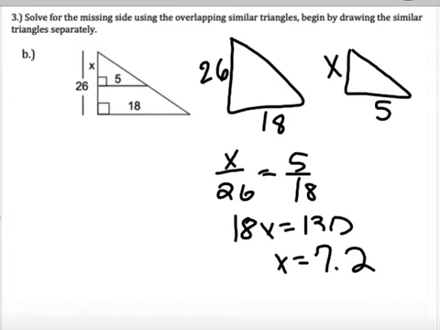All right, and then the last big idea here is if you have a word problem, that you can draw the situation appropriately. So sometimes word problems, you need to draw them overlapping, and sometimes on a word problem, they need to be separate. Okay, so let's look at example 4 here.